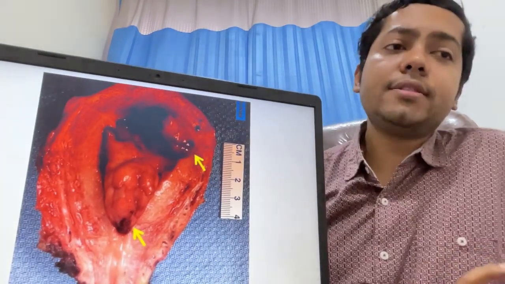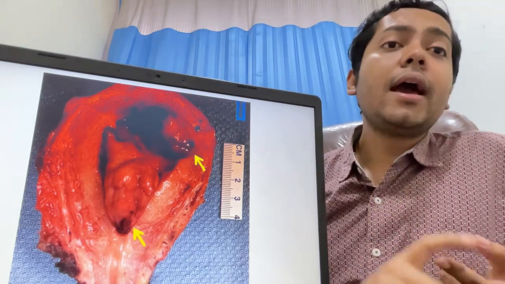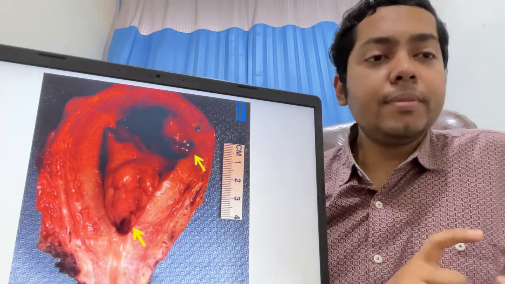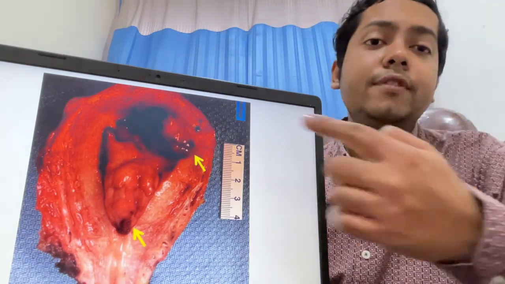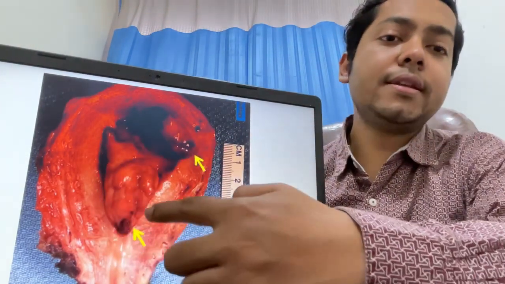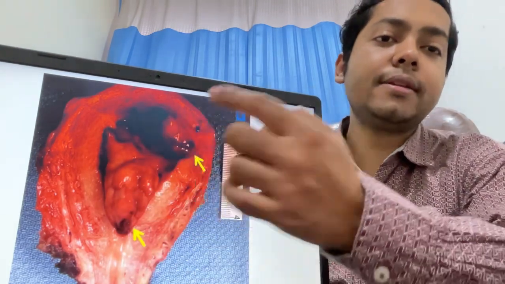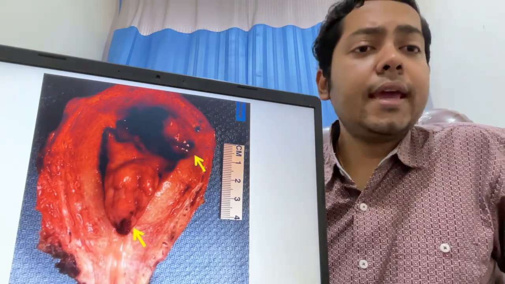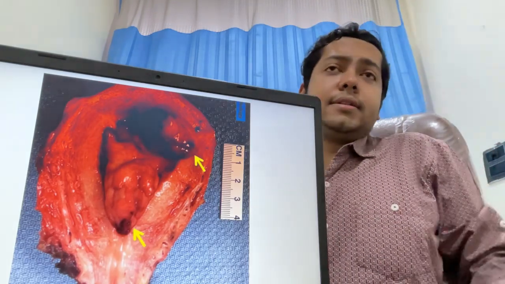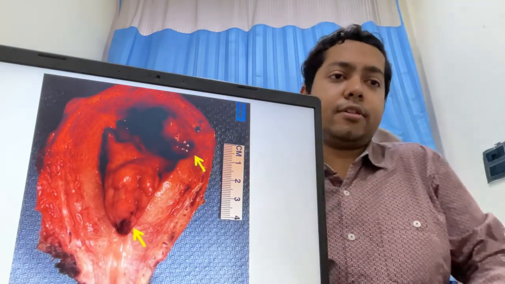Revised 2023 staging में क्या बोला गया है कि stage 1A is only confined to the endometrium, okay, with no myometrial spread. So if there is only involvement of the endometrium with no myometrial spread, then we can do only total abdominal hysterectomy and bilateral salpingo-oophorectomy.